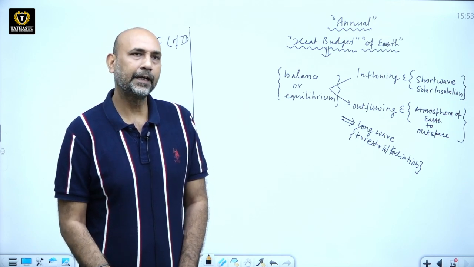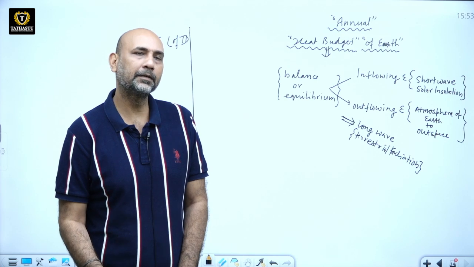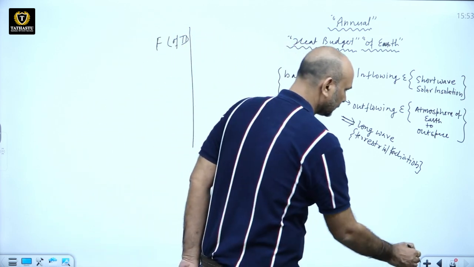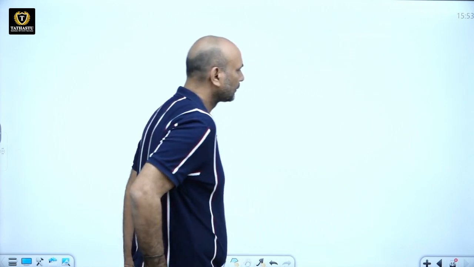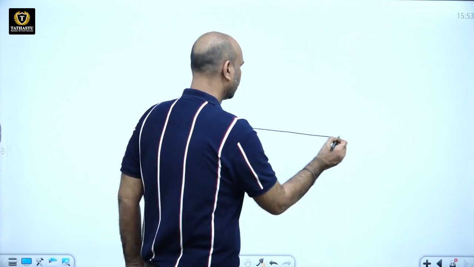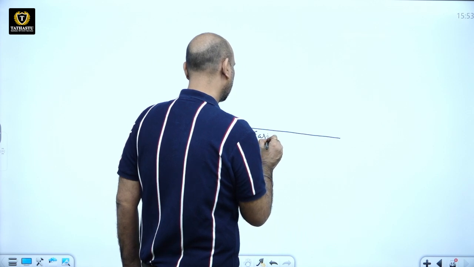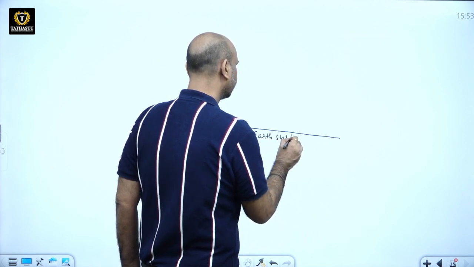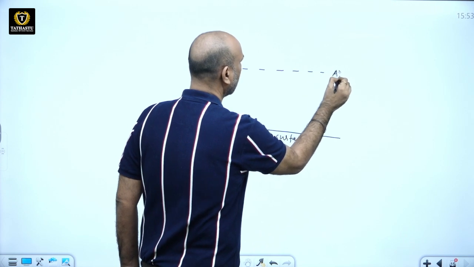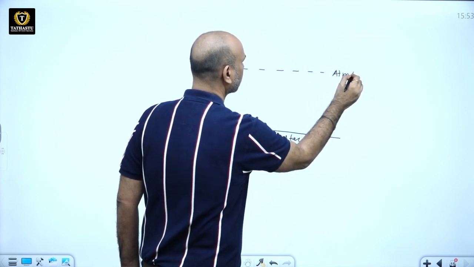Now the question arises, how is this heat budget maintained? Now this is Earth's surface. This is our atmospheric top.